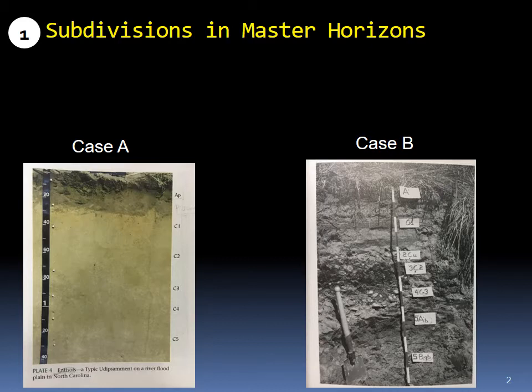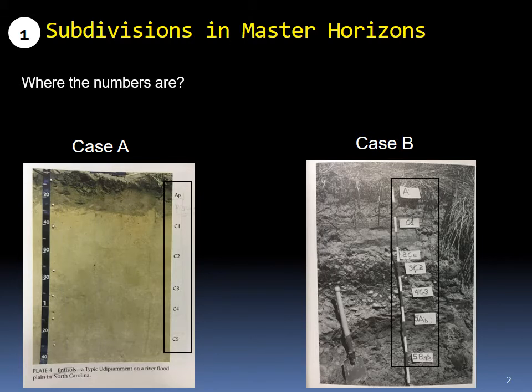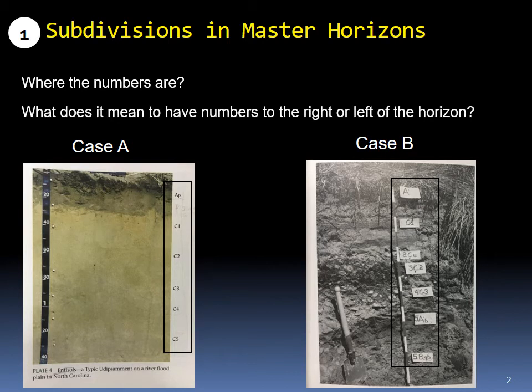Where these numbers exist, you would see the numbers are to the right in one case, and in the other case the numbers are to the left. But what do these numbers really represent, and what do they tell us about the soil?